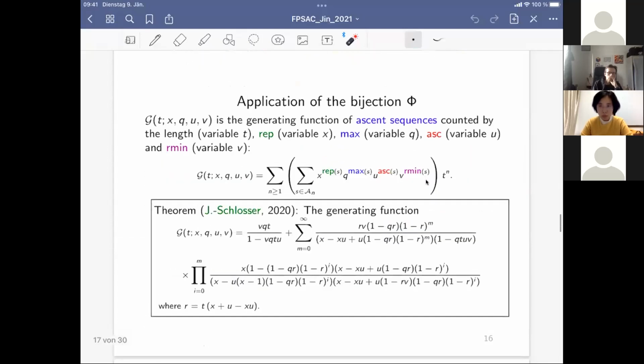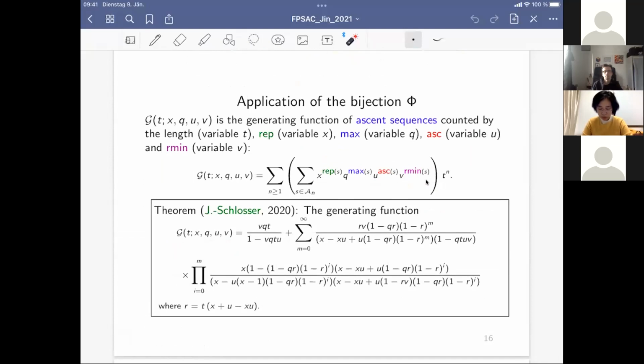So what's the consequence of this bijection? We are able to keep track of the R-min. Now, again, we get a 5 variable generating function. And by the bijection, we know this generating function is symmetric if we interchange Q and V. And our previous generating function is bisymmetric, but that used a combinatorial argument.